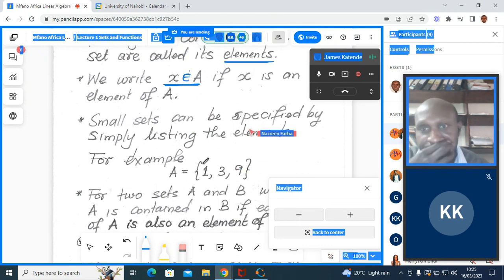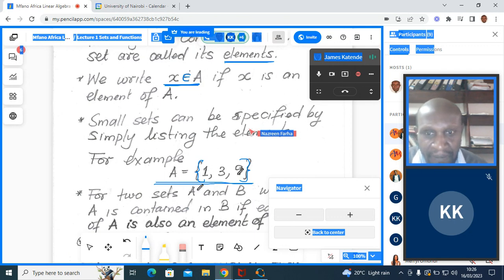If you have a small set with just a few elements, you can simply list the elements and represent the set like this. We usually represent a set using these curly brackets. When you see these brackets, this means a set. This one has three elements, the numbers 1, 3, and 9. A set can also have other objects.